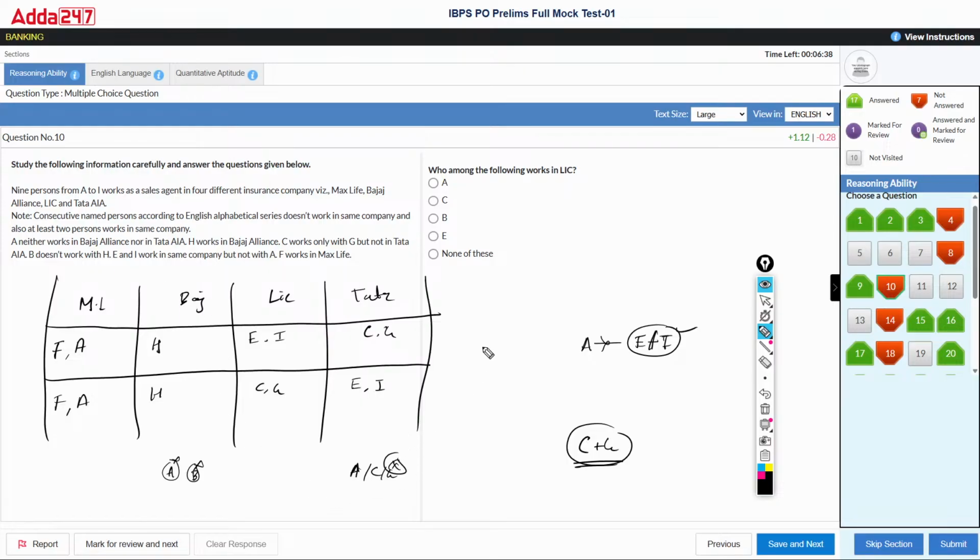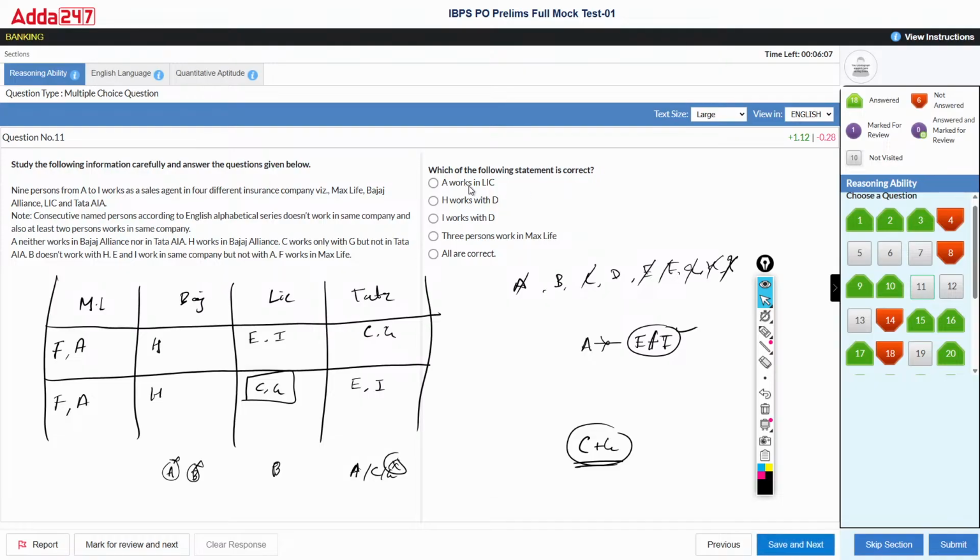A, B, C, D, E, F, G, H, I. So I went, this went, C went, G went, F went, A went, H went. So D and B are the remaining ones. D cannot be here. This is packed only for CG. Works in C or G. So C for me.